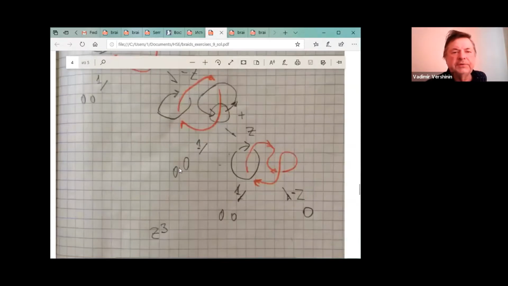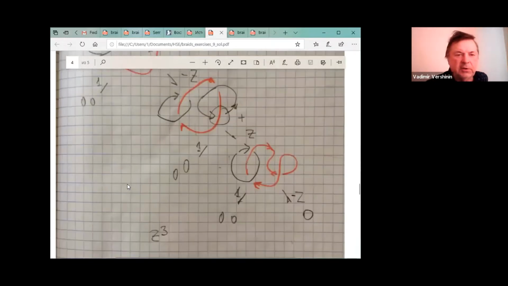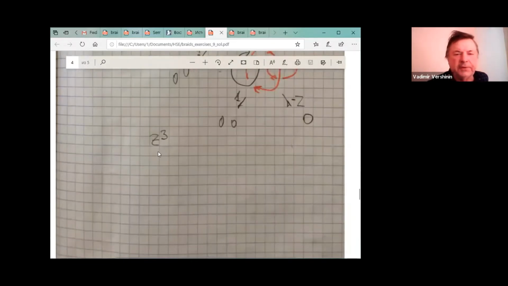This is the z cubed we get for the Whitehead link. And this is another story. Also, it differs from our previous stuff. See, it's different, for example, from the Hopf link, where we have plus minus z, and here we have z cubed. Okay, but anyway, the linking number.